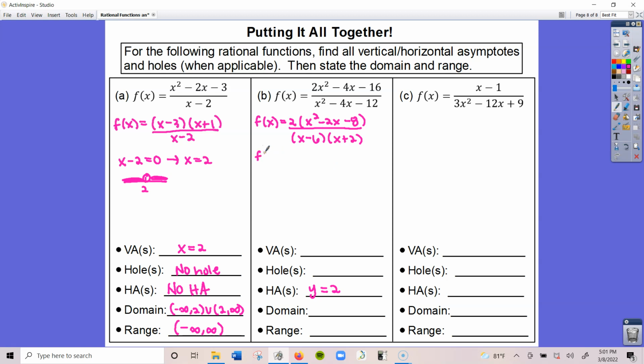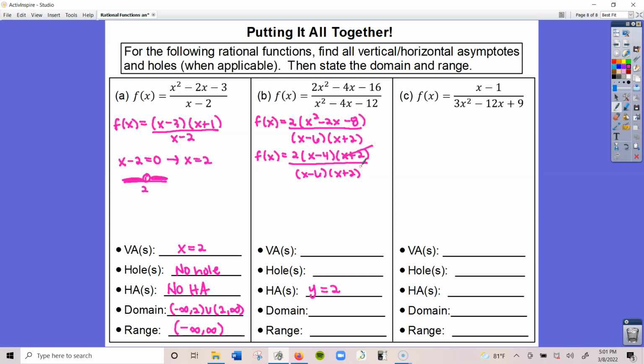If I factor completely, I get 2, x minus 4, x plus 2, over x minus 6, x plus 2.